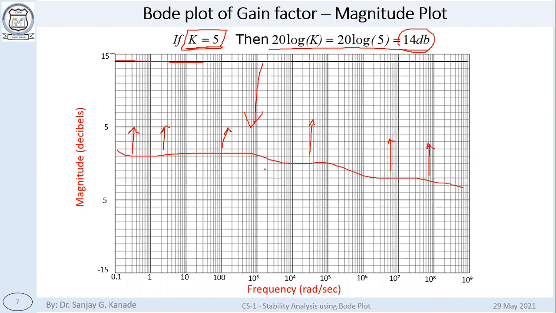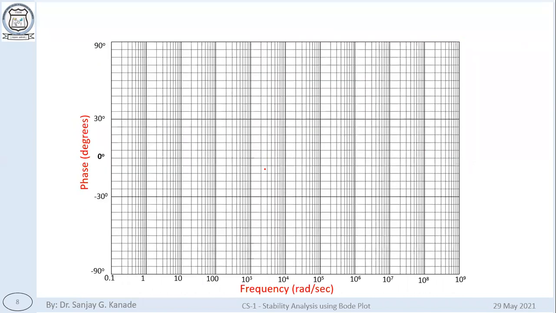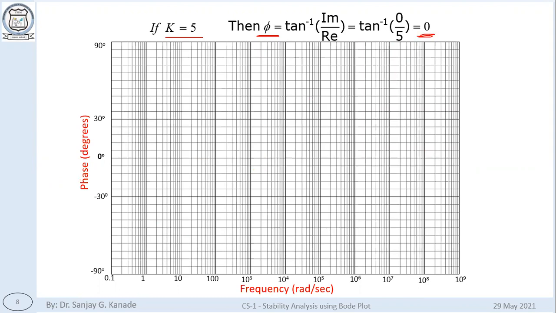Okay. What about the phase angle of gain K? If K is equal to 5, then phi, which is the phase angle of this 5, what is the formula for phi? It is tan inverse of imaginary part by real part. So it is 0. Means K is not going to affect the phase plot in any way.